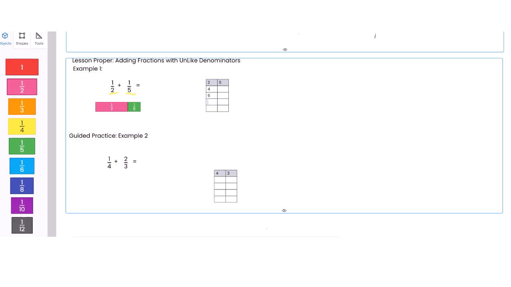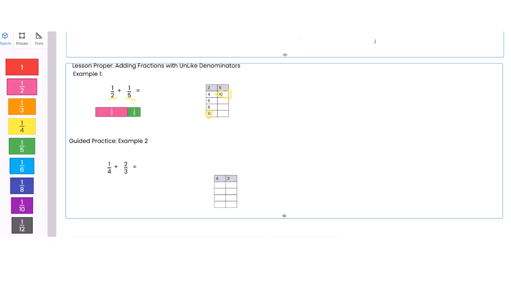We have 8 and 10. How about 5? So we have 5 and 10. So you see here that they already have a common multiple, which is 10.